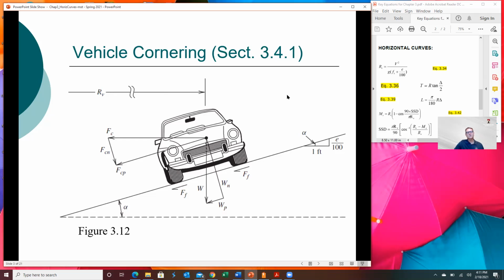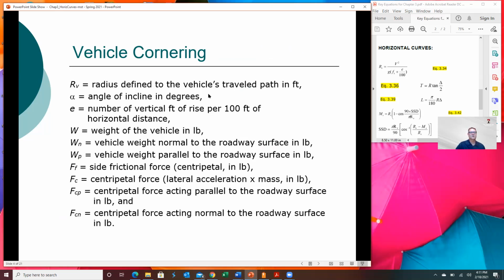So if you have a 2-lane road, the center line of the road is basically right in between the 2 lanes. But let's say the lanes are 12 feet wide, R sub V would be 6 feet less than that, because you're looking at the radius of the travel path of the vehicle, so to speak. You'll see as we start going through the problems the difference between R sub V and R. As I already mentioned, alpha is the angle of incline in degrees, but E is the number of vertical feet of rise per 100 feet of horizontal distance.